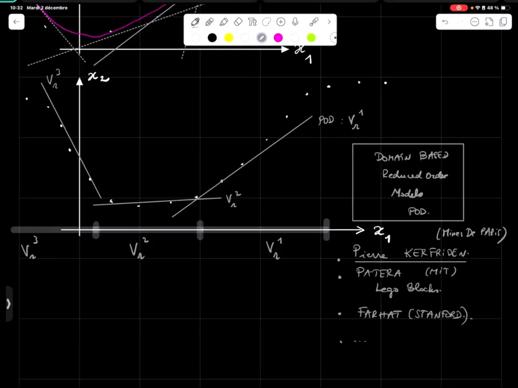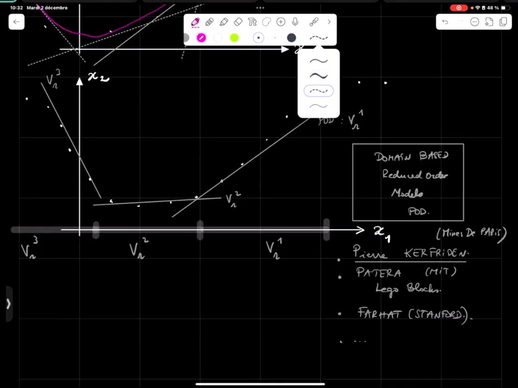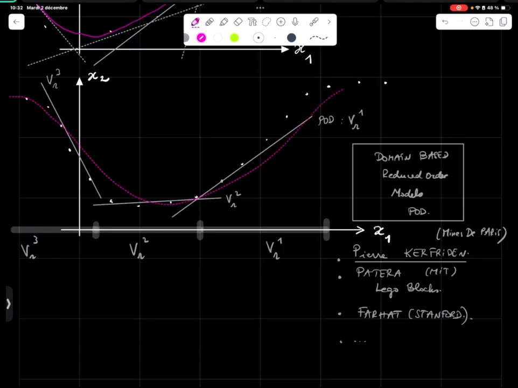The other method would be slightly different, which would be to try to use manifolds. So the idea of using manifolds is exactly as I said before. Instead of approximating using lines which are straight, you're going to try to approximate using something which is now curved. And here there is a whole theory behind that.